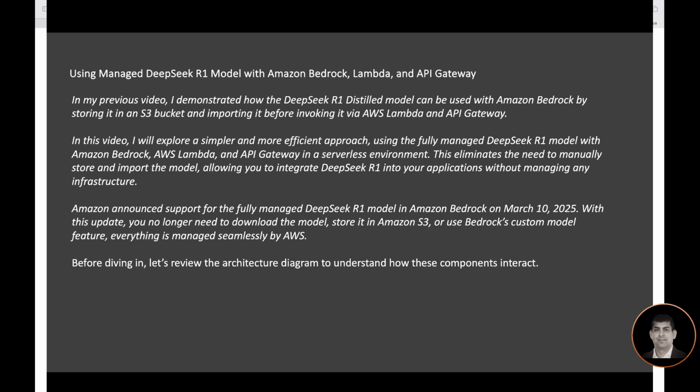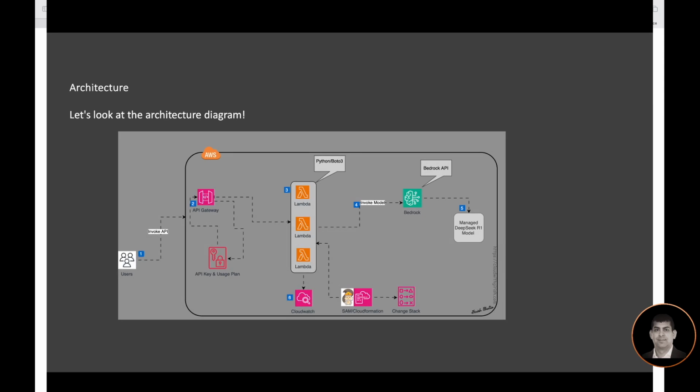Before diving in, let's review the architecture diagram to understand how these components interact. So here is the architecture diagram. We have a user or a consuming app that's invoking the API hosted via API Gateway. It's a secure API, so it's using the API key and usage plan, and then it's integrated with the Lambda function.